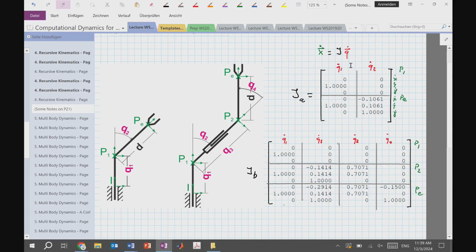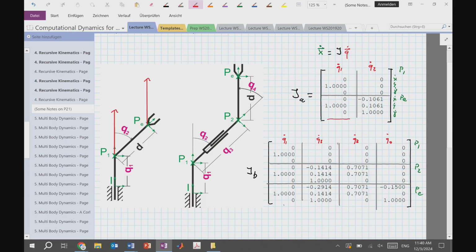So for example, in this example, if I set Q1 dot to 1, Q2 dot to 0, it means joint Q1 is moving with unit velocity, joint Q2 is locked, and I could basically immediately see that this would mean that my point P1 has to move in the direction of this Q1 motion primitive, and body PE also has to move in the exact same direction, right?